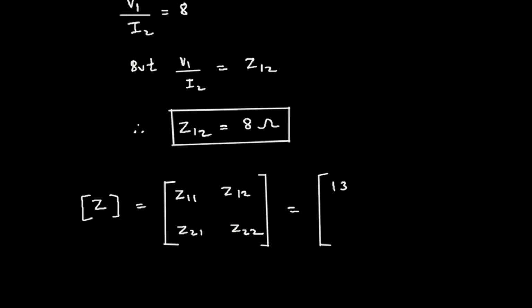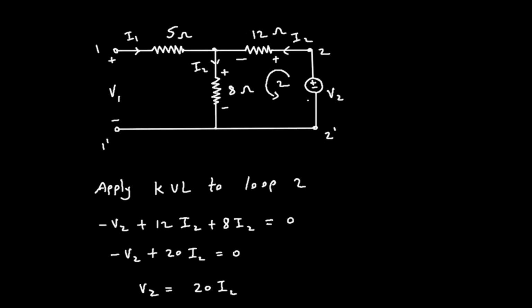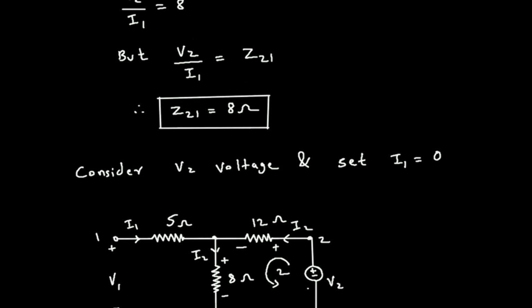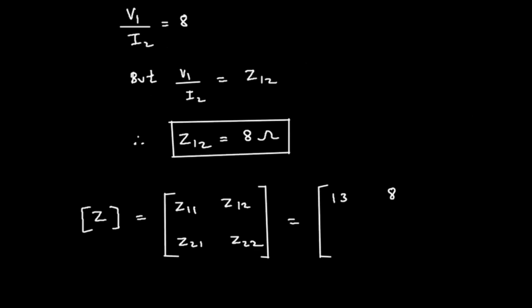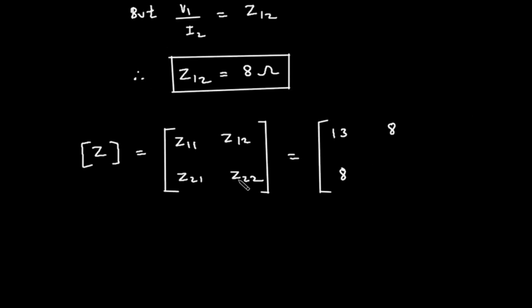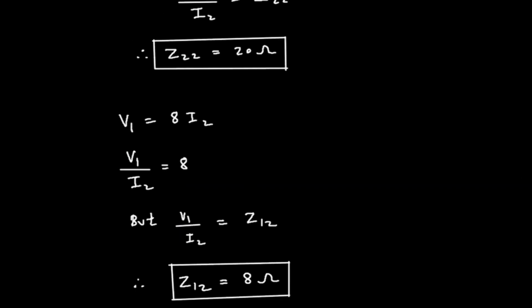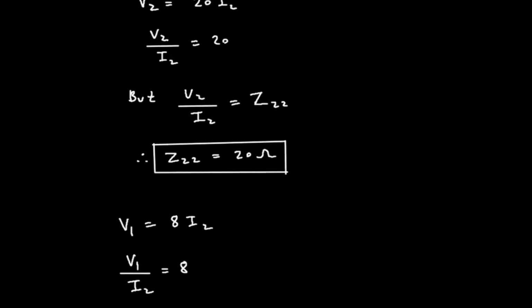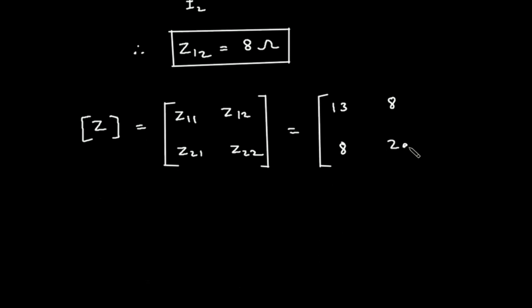The value of Z12 is 8 ohm, and the value of Z21 is again 8 ohm, so this will be 8. And the value of Z22 is 20 ohm, so this will be 20.